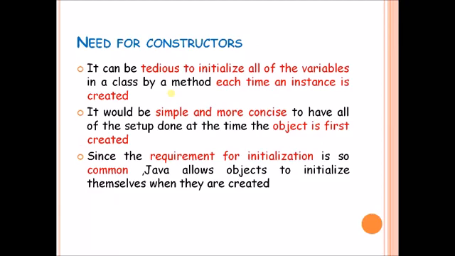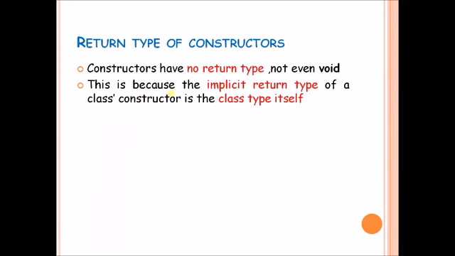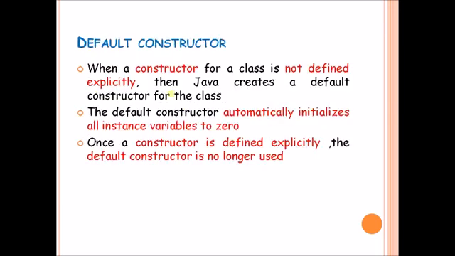The need for constructors is that instead of creating a special function in order to initialize the objects and invoking it each time an object is created, you can define the constructor for the object so that it will be invoked automatically once an object is created. A constructor, even though it's a method, does not have any return type, not even void, because the implicit return type of a class constructor is the class type itself.